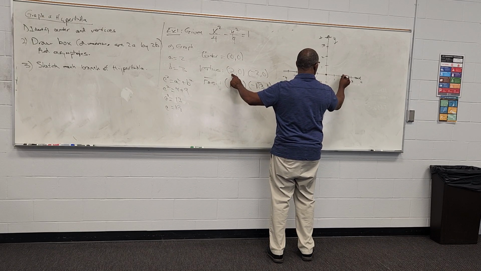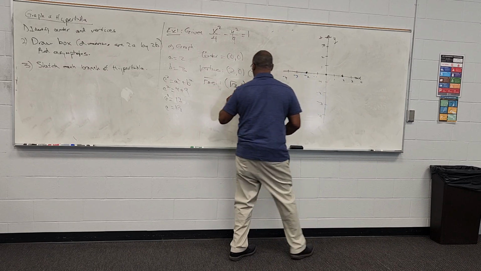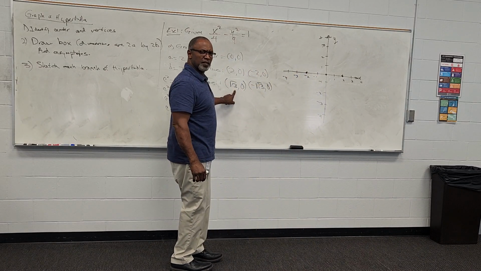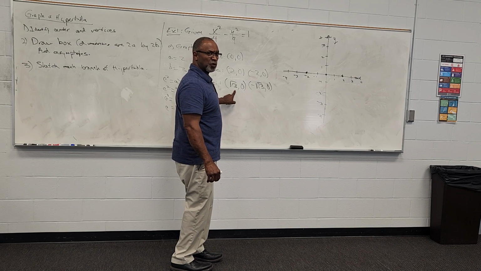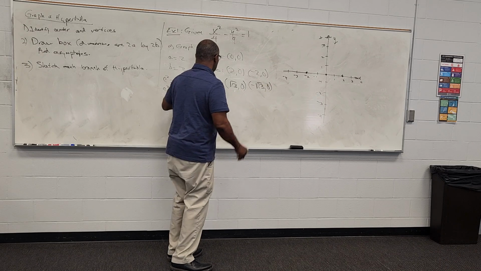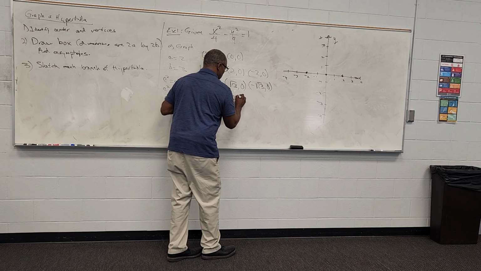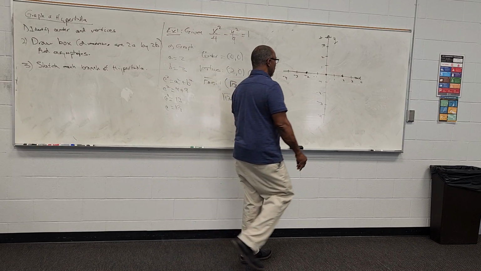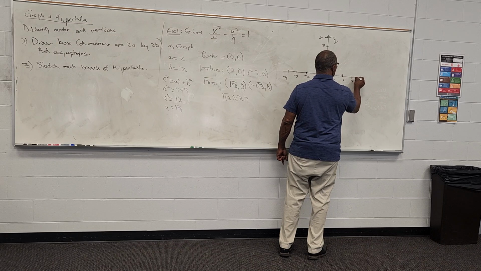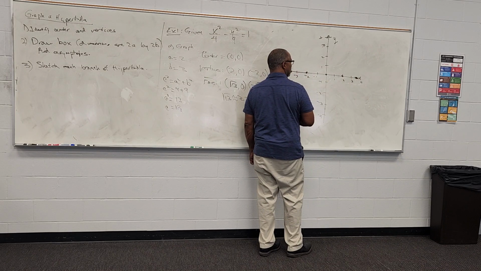I've got vertices at 2, 0 and negative 2, 0. The foci is square root of 13. Take your calculator. The square root of 13 is a number less than 4, because the square root of 16 would be 4. So the square root of 13, approximately I'm going to say 3.7, is between 3 and 4. So there's one focus, there's another focus.